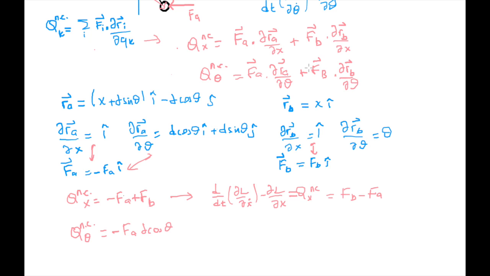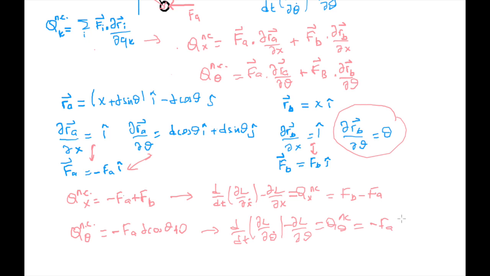And the second term, Fb inner product with partial Rb partial theta, but partial Rb partial theta is 0. So I don't have any other term, just 0 here. And from here then I can write d by dt of partial L partial theta dot minus partial L partial theta is Q theta non-conservative, and it's going to be minus Fa d cosine theta.